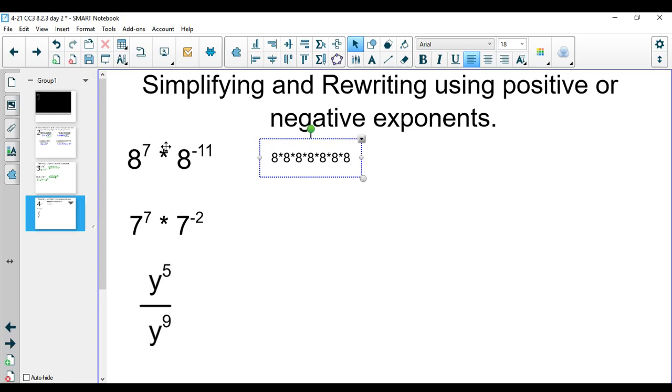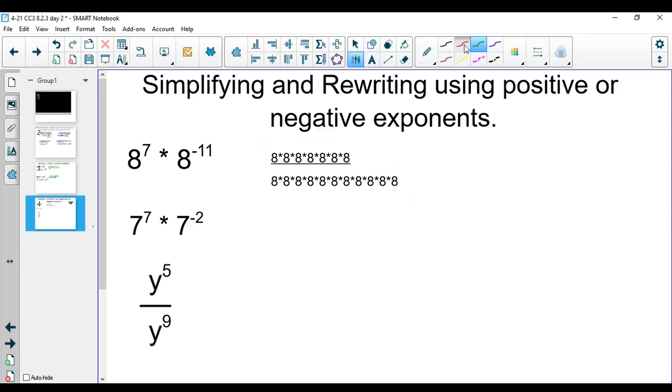Now, I want to multiply it by 8 to the negative 11th. That means that I need to take the 8 to the negative 11th and put those 11 factors of 8 in the denominator. 1, 2, 3, 4, 5, 6, 7, 8, 9, 10, 11.